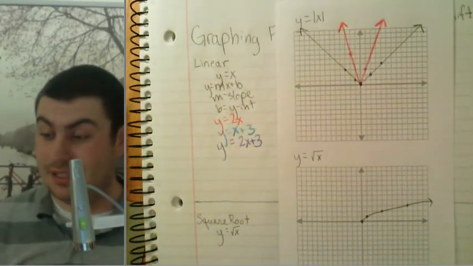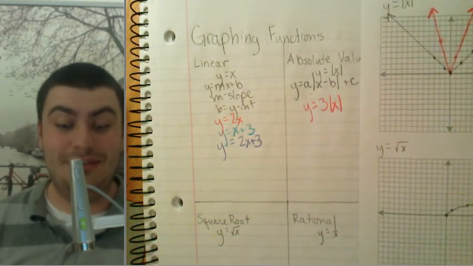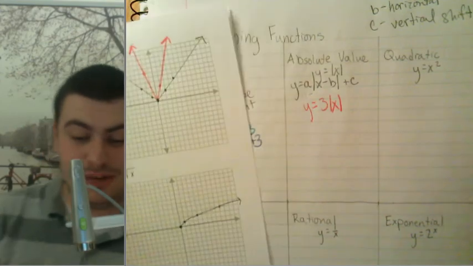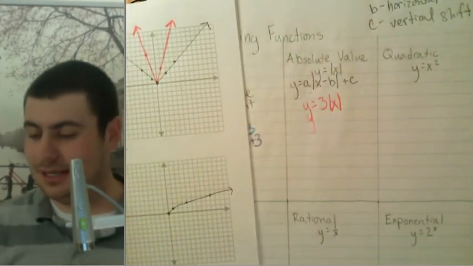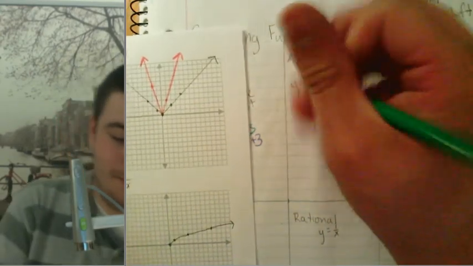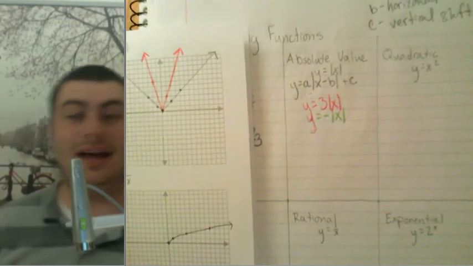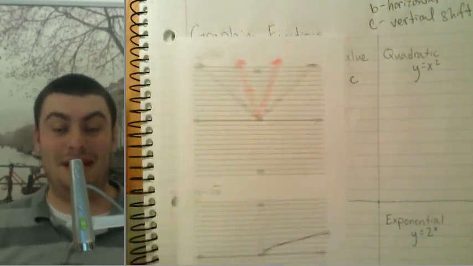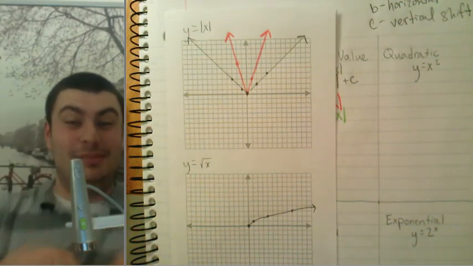Now, something that we could also look at is, what if that a was negative? So what if we had, I'll use green, y equals negative the absolute value of x. Well, that negative sign is going to flip our v upside down.